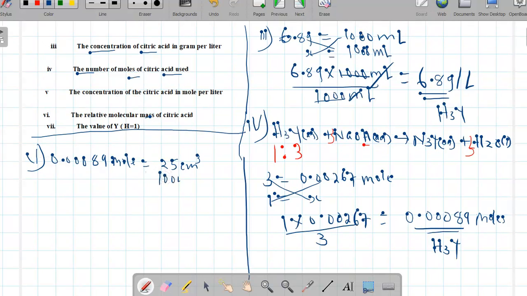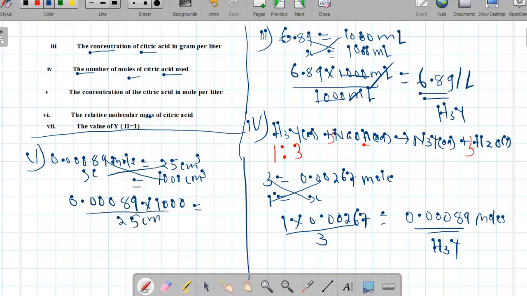So that volume is equal to the number of moles used. Then what about 1000 centimeter cubed? How much will it be equal to? We don't know. You cross multiply, then you'll get 0.00089 multiplied by 1000 all over 25. Sorry, 0.00089 times 1000 divided by 25.